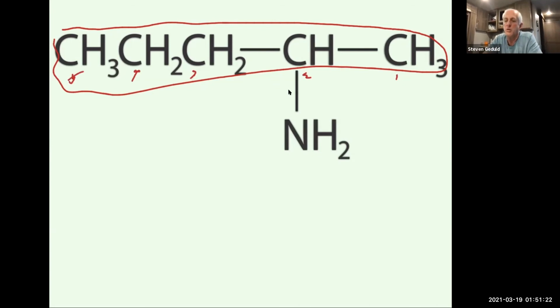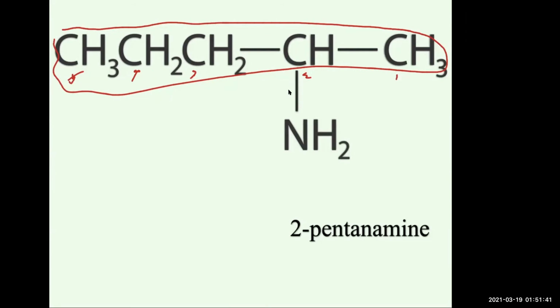So this is pentane, 5 carbons. It would be pentanamine, and it's at the number 2 position, so it'd be 2-pentanamine. Is that making sense? Sort of? Yes. All right, perfect.